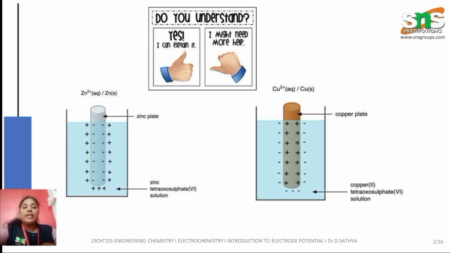So simply, electrode potential is the difference between the anodic part, that metal rod, and the electrolytic solution. Here the anodic part is zinc and the cathodic part is copper, and the zinc plate is dipped into the zinc sulfate solution. The EMF potential between the electrode and the electrolytic solution is the electrode potential.